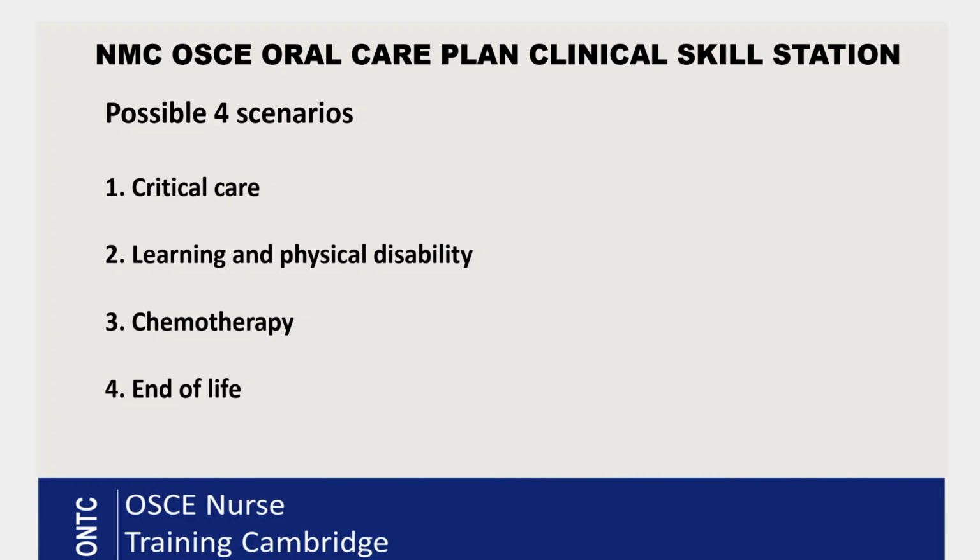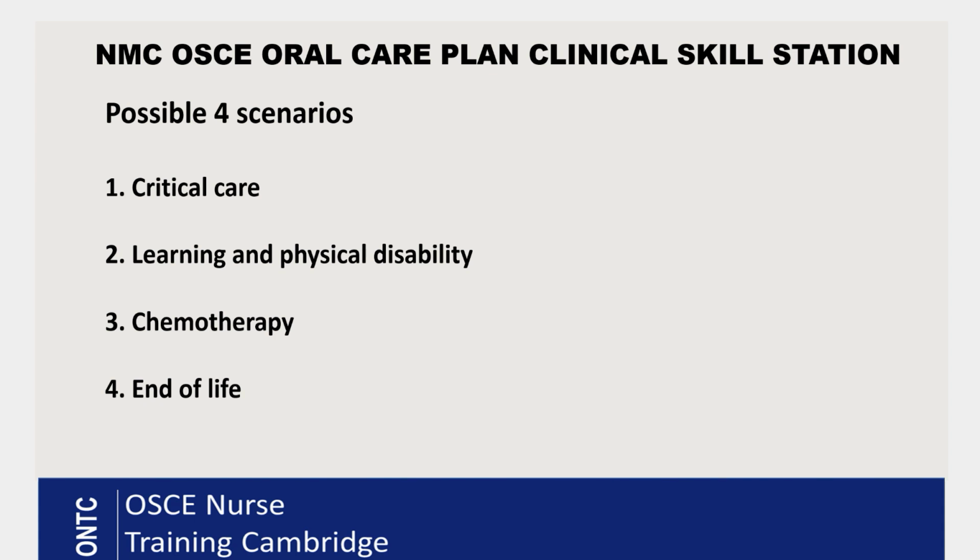I did say there could be possibly 4 different scenarios, so let's see what they are. You can be given a patient scenario where the patient is admitted in critical care. Second, a patient with learning and physical disability. Third, a patient on chemotherapy.